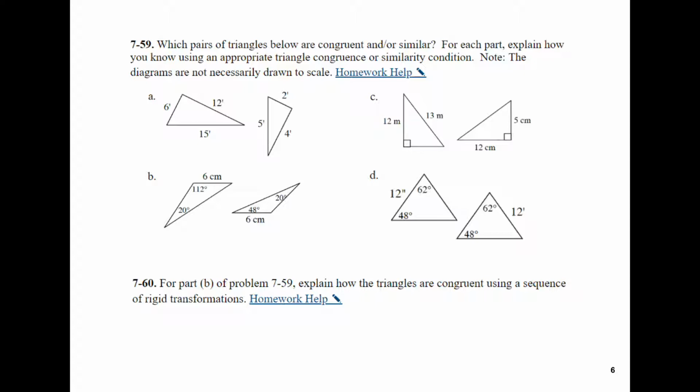So looking at letter A, we have two triangles, and because we have the side lengths of both triangles, I am going to set up some ratios.